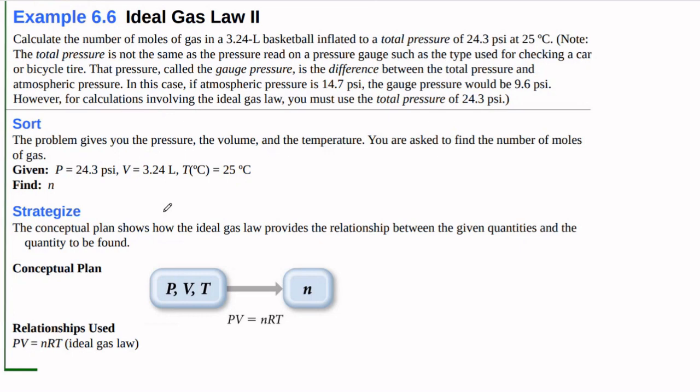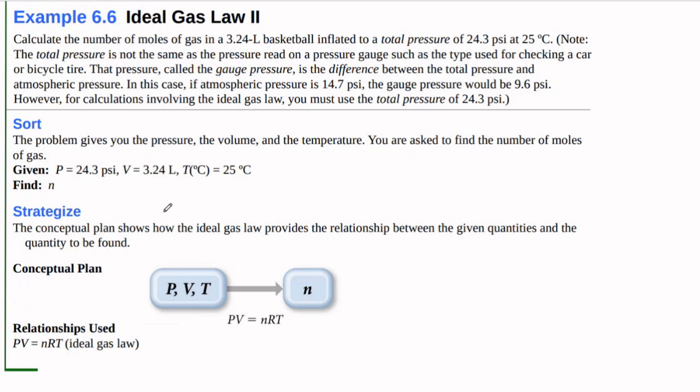So in this case, if the atmospheric pressure is 14.7 psi, which we could assume at 1 atmosphere, the gauge pressure would be 9.6. But for these calculations, you have to use the total pressure. So what they're saying here is, if you are reading the pressure on a gauge for a tire, you've got to add atmospheric pressure to it. And the atmospheric pressure is 14.7.